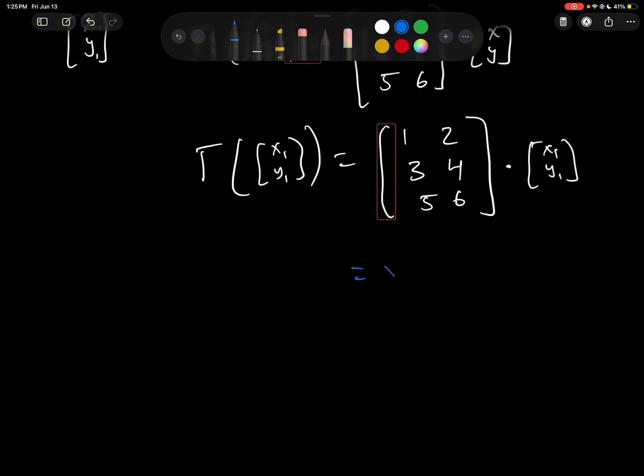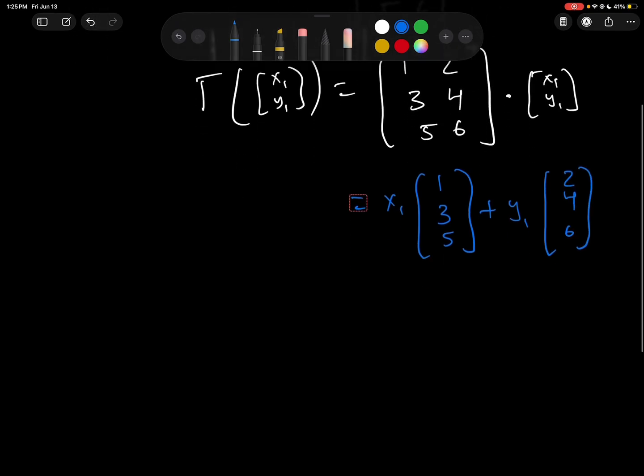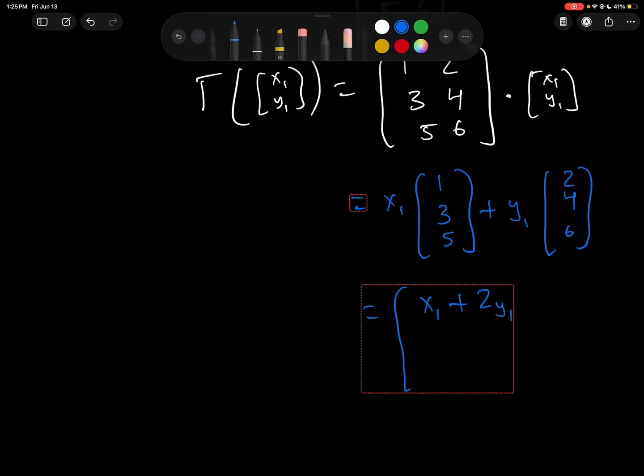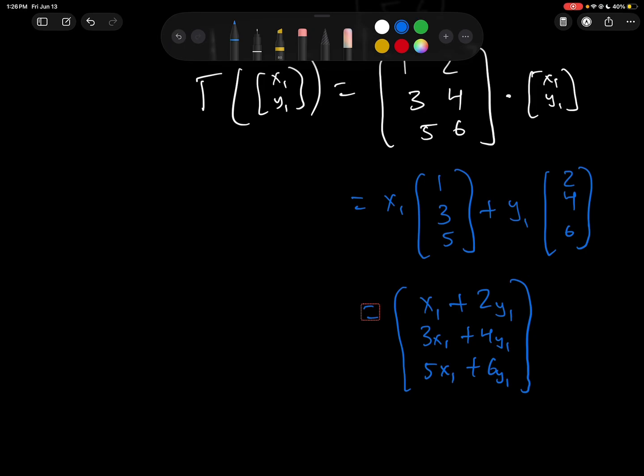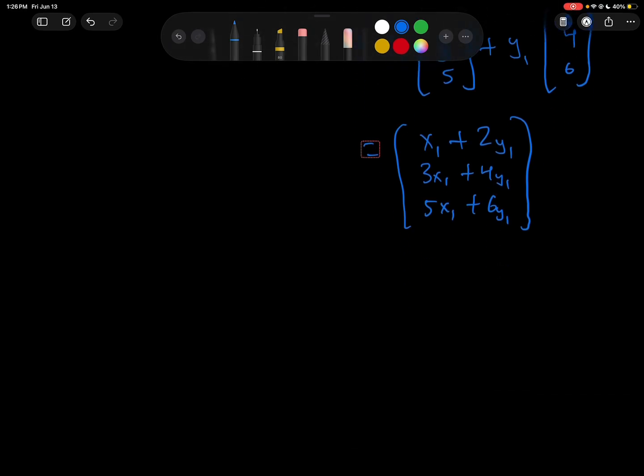So we'll get x1 times 1, 3, 5 plus y1 times 2, 4, 6. And now we'll get one vector, which is x1 plus 2y1, 3x1 plus 4y1, 5x1 plus 6y1.